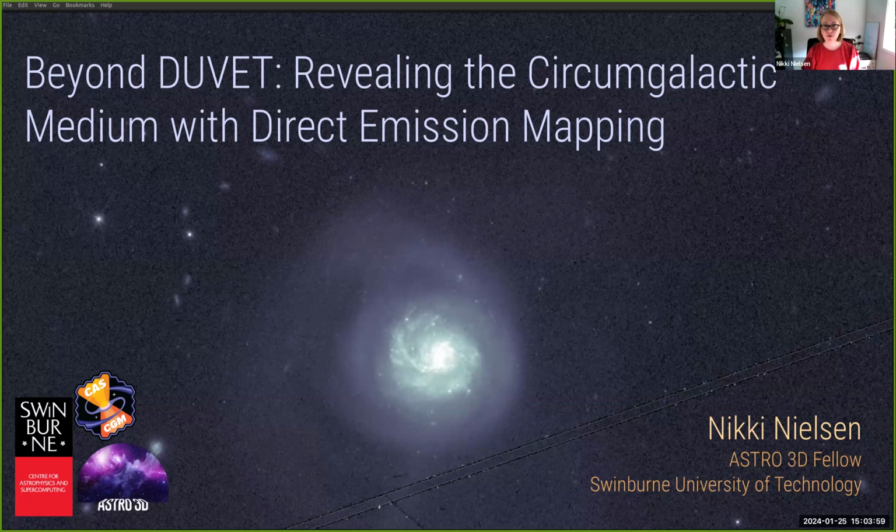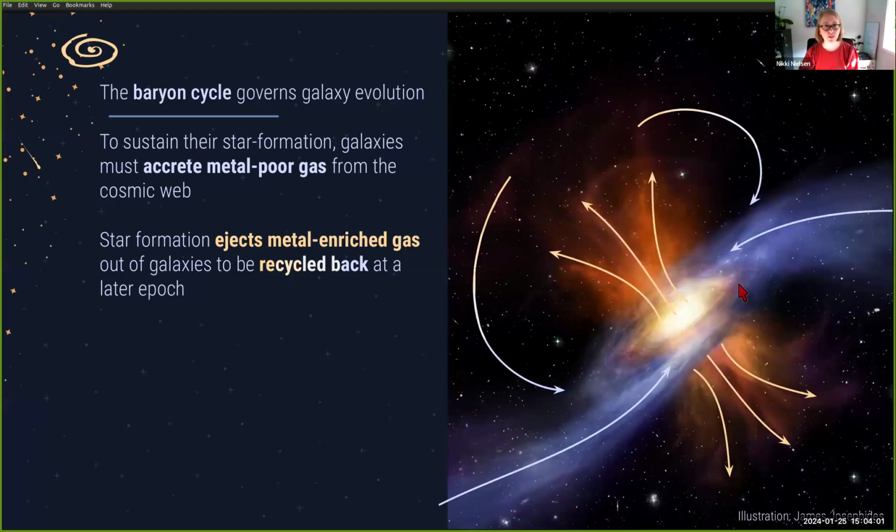I know there's lots of CGM experts on the meeting, but I'll just go over some basic properties of the circumgalactic medium. So we know that the baryon cycle governs galaxy evolution. In order for galaxies to sustain their star formation, they must accrete metal-poor gas from the cosmic web. That often comes in along these thin filaments and adds angular momentum to the disks of galaxies.